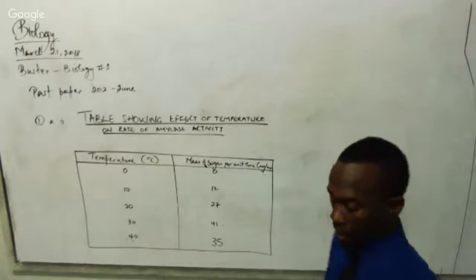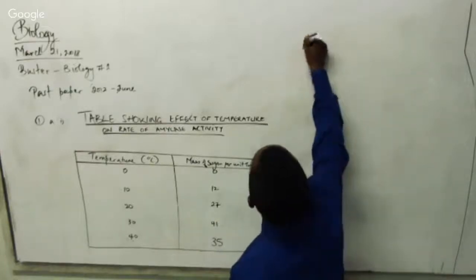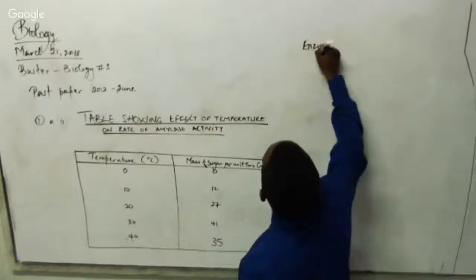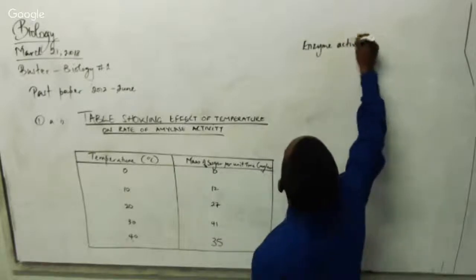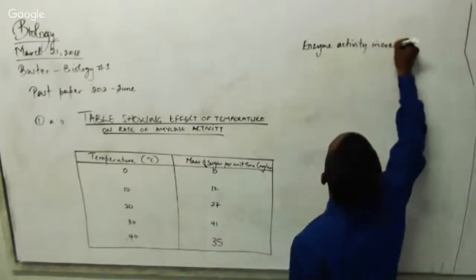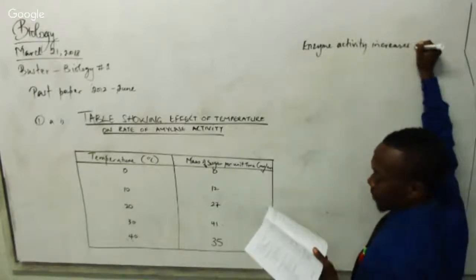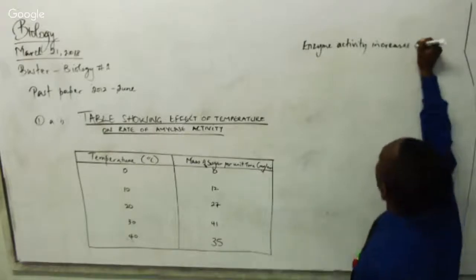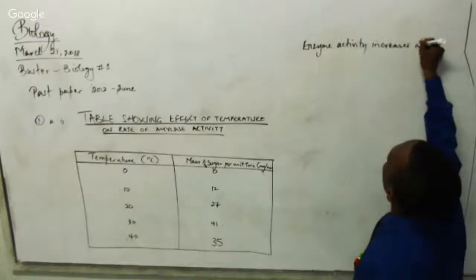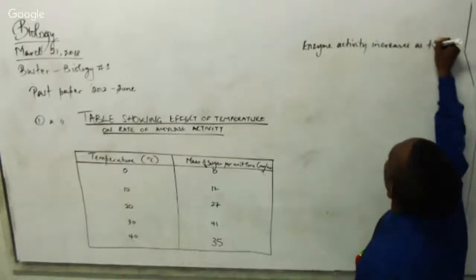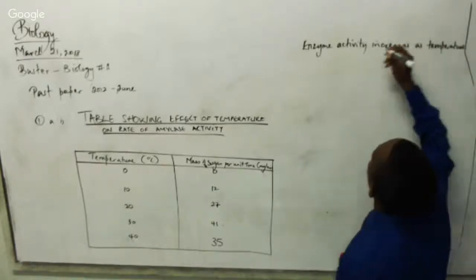Right. So it's asking for enzyme activity now. So you're going to say enzyme activity increases as temperature rises, as temperature increases until it reaches its optimum temperature. Right. It starts decreasing. As it gets cooler, enzyme activity slows down.